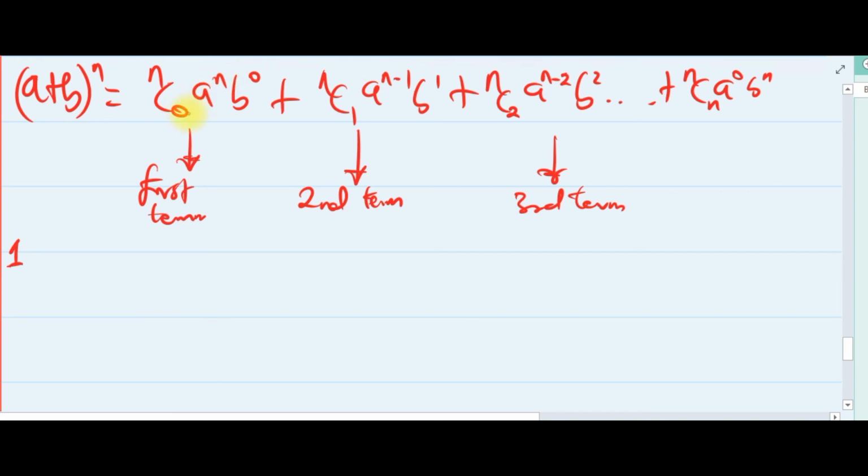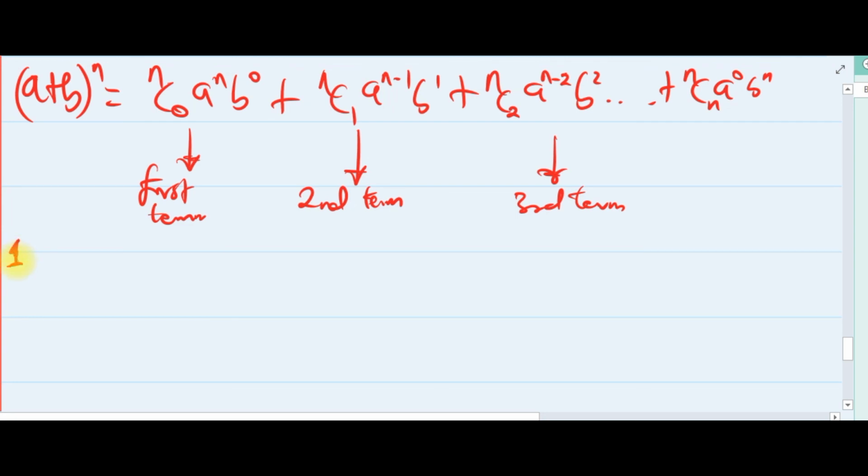You notice that n is the same thing as n minus 0. This is 0, this is like n minus 0, which is also n. Here, 1, this is n minus 1. 2, n minus 2. And for the final part here, whatever that is here is 0, 1, 2.